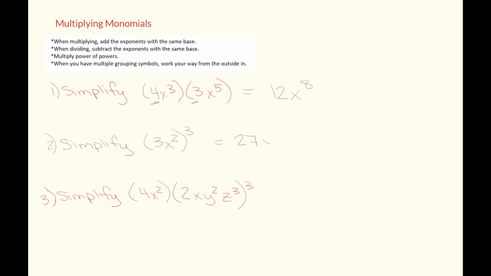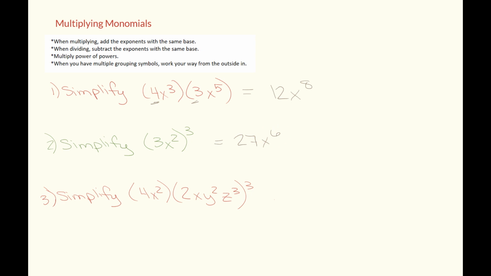So 3 times 2 is 6. So that's the difference. When we're multiplying, 3 plus 5, we're going to get 8. But when we have a power of a power, so x squared to the cube, that's going to be x to the sixth.